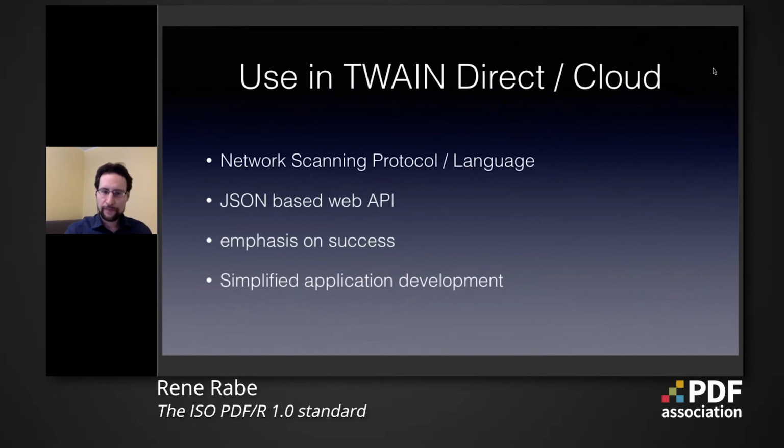And the emphasis is also on success. With the old API, you had to negotiate in a very low-level manner what the scanner supports. With the new TWAIN Direct protocol, first of all, you basically need to do nothing. You can connect over the network and initiate some JSON-based requests that I'll show you in a second.